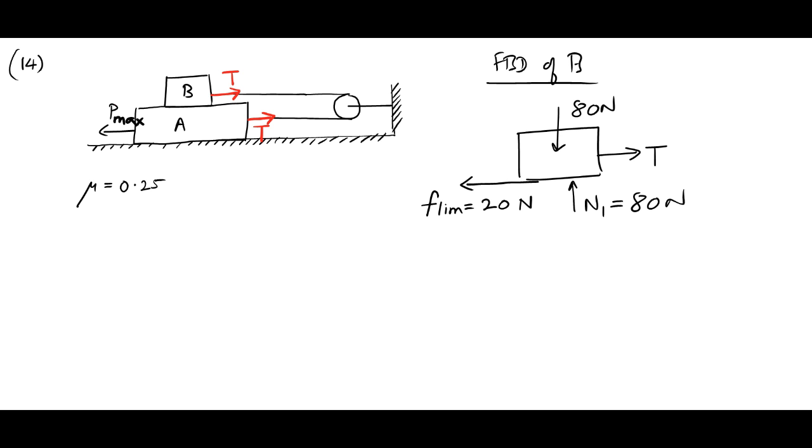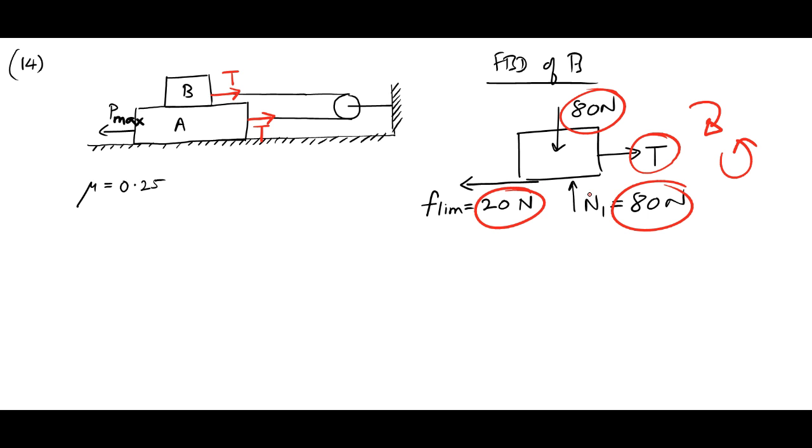Now one small point, not too important in this problem: you see that this T and this 20 newton are going to be equal, of course, because sigma Fx is equal to 0. They form a couple in this direction, and therefore N1 and the weight must constitute a couple in the opposite direction.